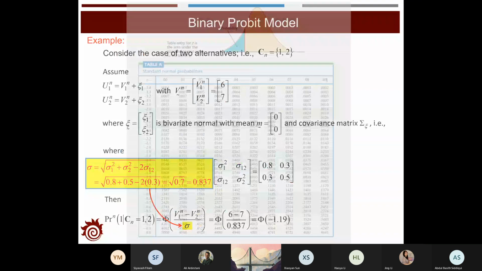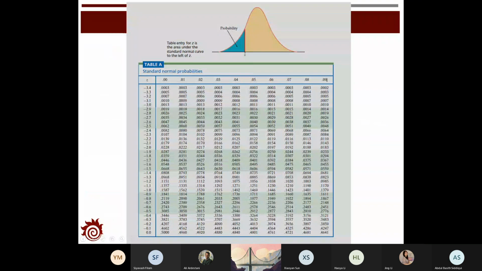Now for the cumulative normal distribution function with the value of minus 1.19, you can get the probability, which gives the result 0.117.